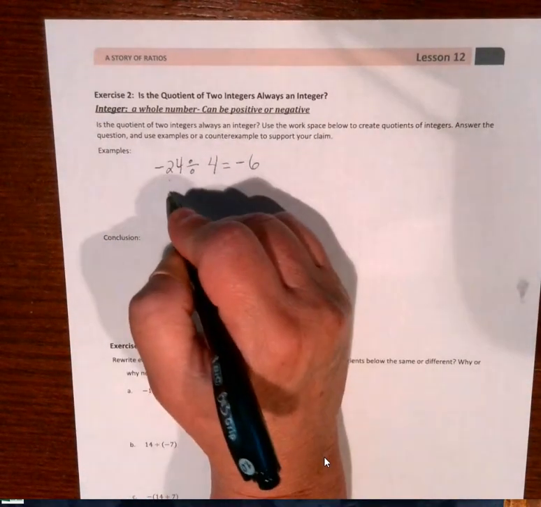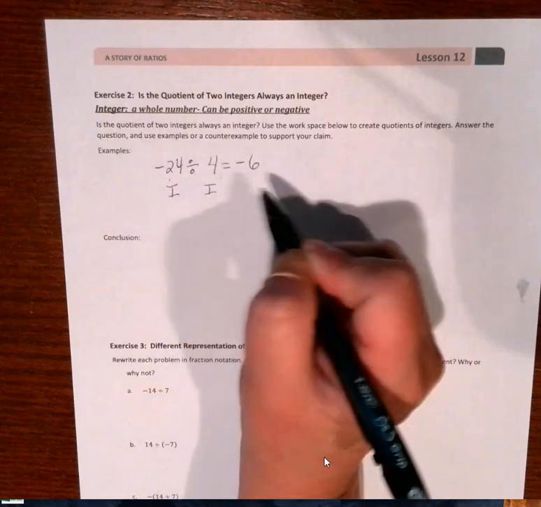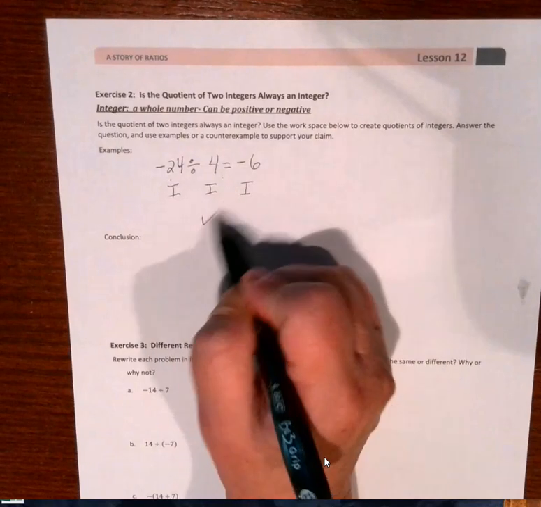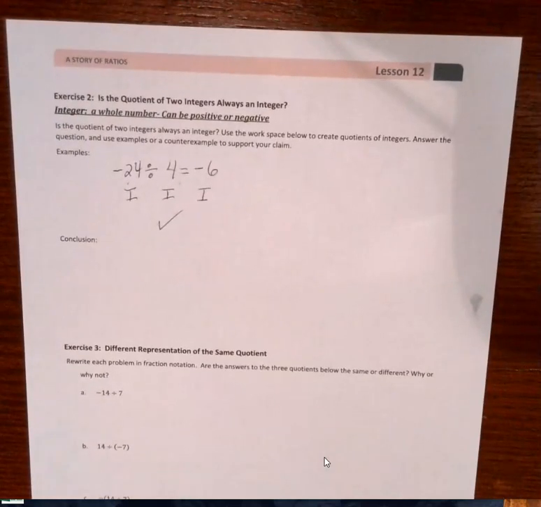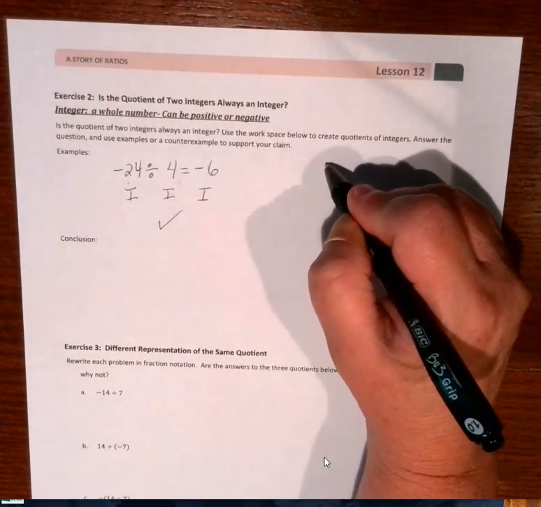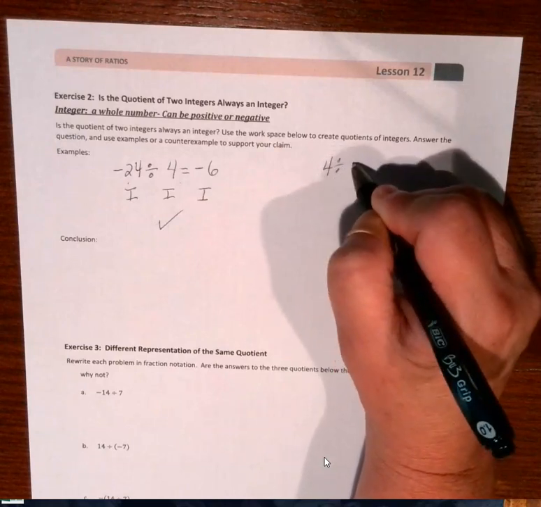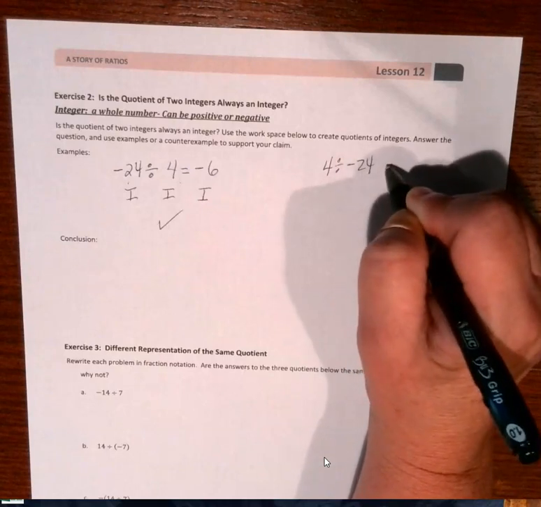That's an integer. 4 is an integer, and negative 6 is an integer. So it works there. But what if I change things around? What if I did 4 divided by negative 24? Well, that doesn't equal negative 6.